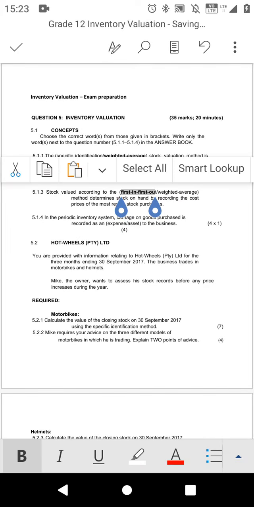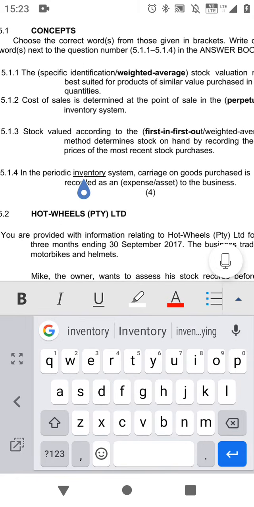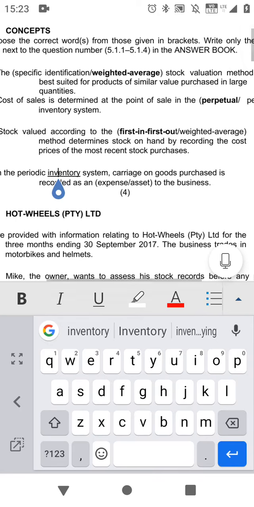Alright, the next question. In the periodic inventory system, carriage on goods purchased is recorded as an expense or asset to the business. If we are using a periodic system, the carriage on goods purchased is recorded as an expense.